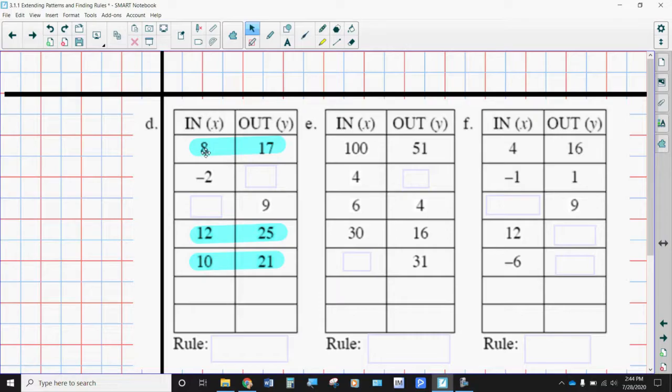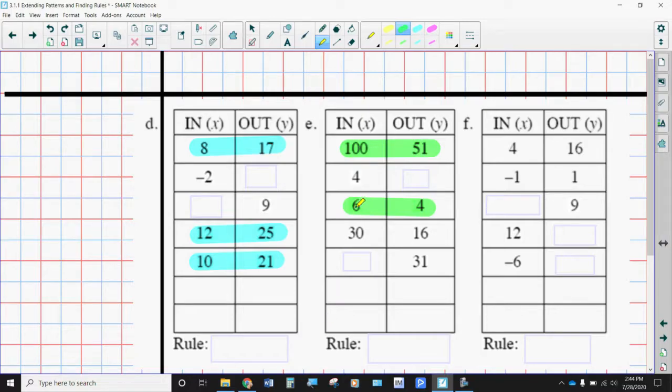For instance, if you said 8 plus 9 was equal to 17, then 10 plus 9 would equal 19, but that's not 19, so that's not the rule that works here. You've got to think of a rule that works for all of them, okay? Same thing here. You can't say 100 minus 49 because that does not happen here.